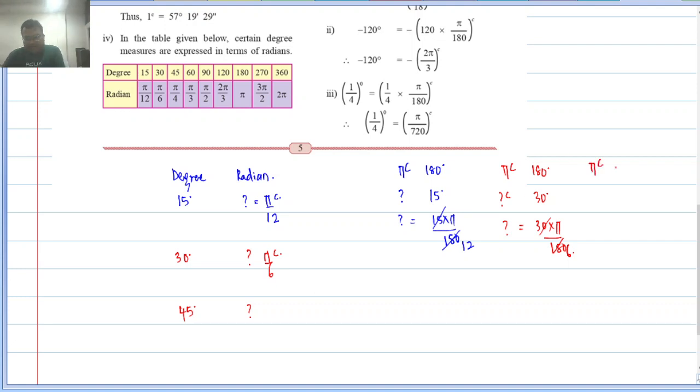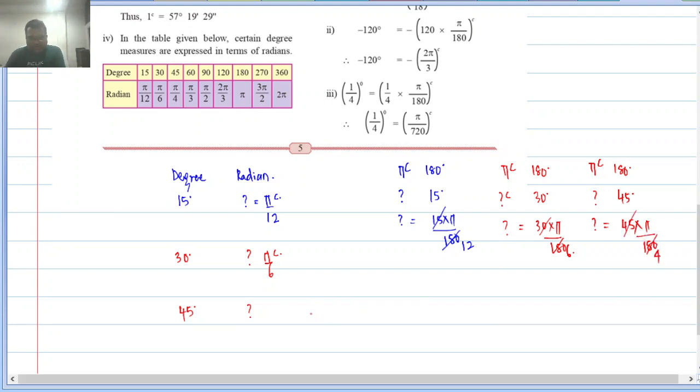Pi radians is 180 degrees. So 45 degrees is how many radians? It is 45 into pi by 180. 45 fours. So this is pi by 4 radians.